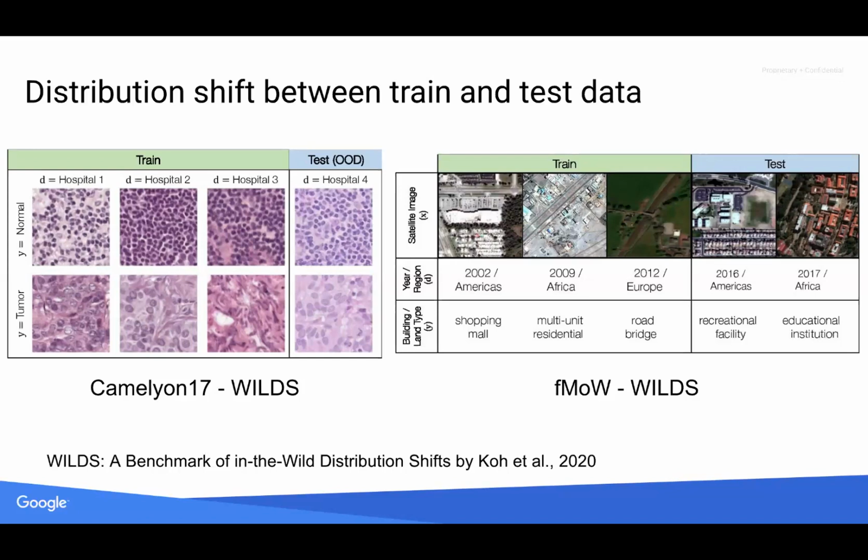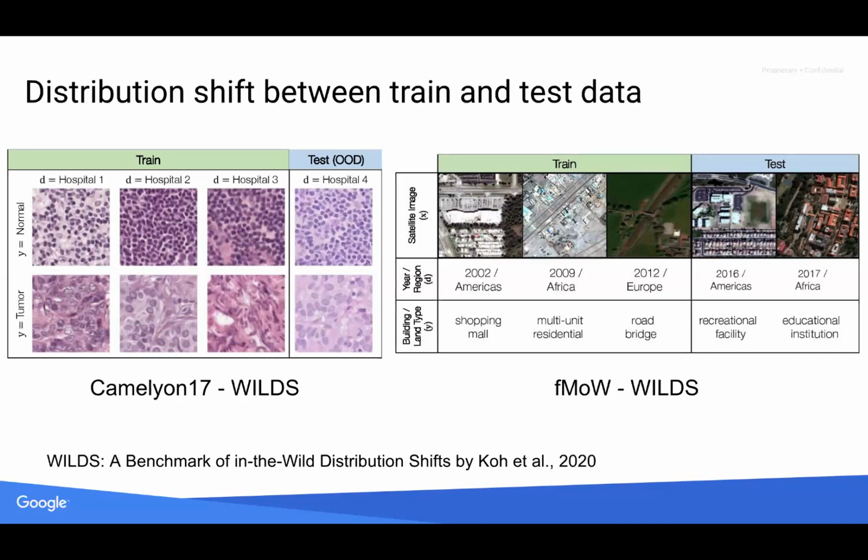Similarly, on the right-hand side, we have this other image, which is FMoW, where the task is that we are taking a satellite image of a particular region, and we want to classify whether this contains a shopping mall or a road or agricultural land and so on. And even here, the training data often comes from the past, say 2000 to early 2010, and then the test data would be somewhat later, because we train a model and then we want to be able to use it for a long enough period of time into the future.